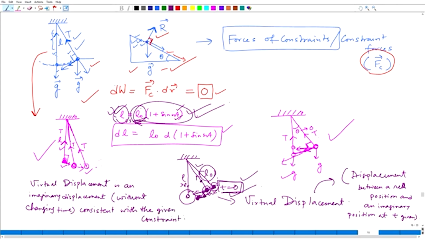Now, what is the advantage of virtual displacement?